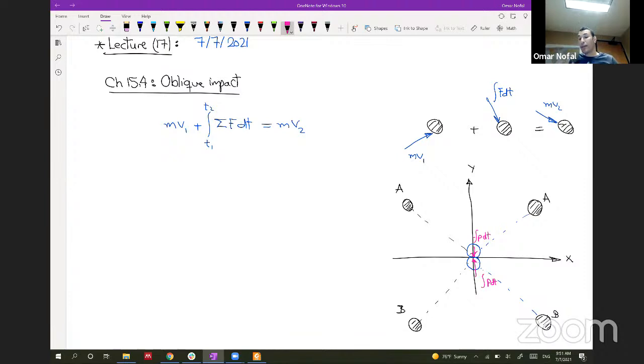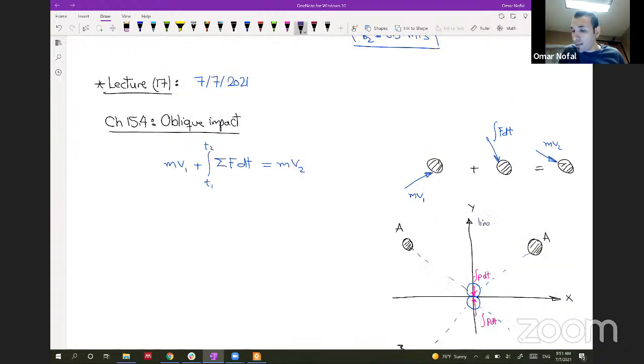So we only have impulse in one direction, and we call this direction the line of impact. So this y is called the line of impact, and the x-axis is called the line of contact.